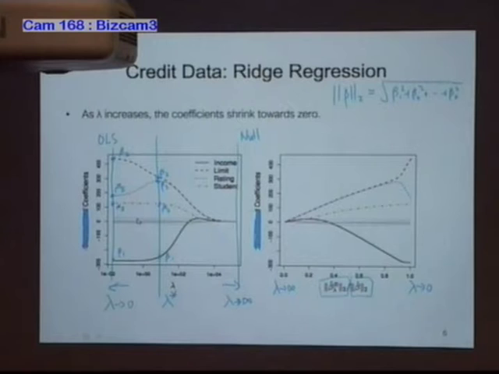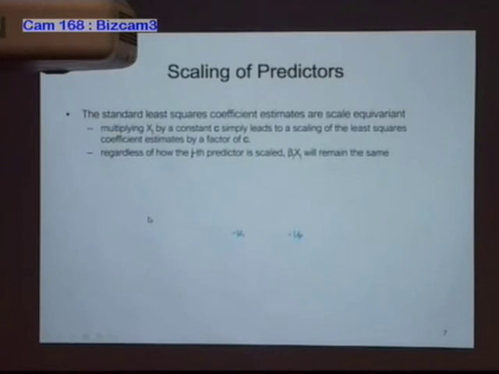So in some sense, people don't like this because it doesn't really choose the variables. If you have 20 variables, the 20 variables stay in your model pretty much forever until the final day of the Earth. In the middle, a lot of variables have a tiny coefficient and don't really affect your prediction.